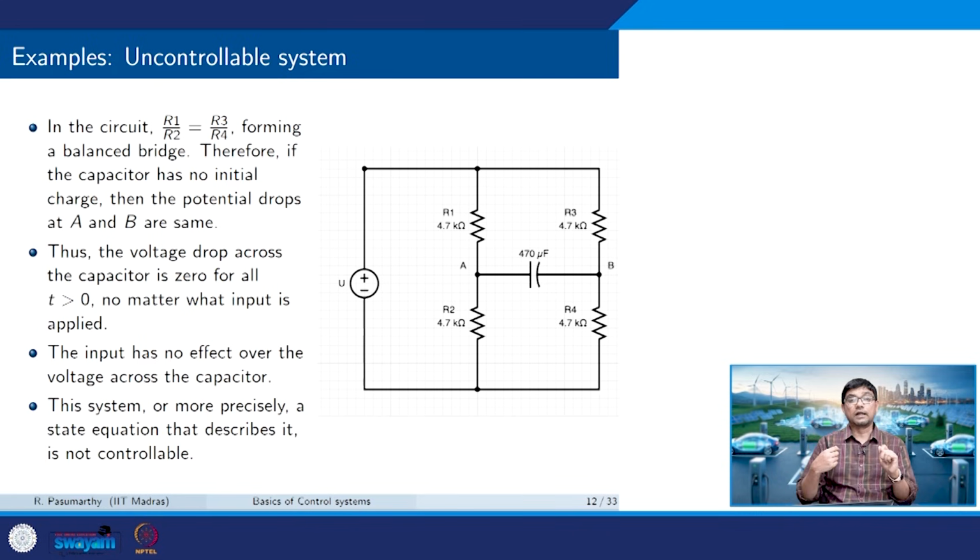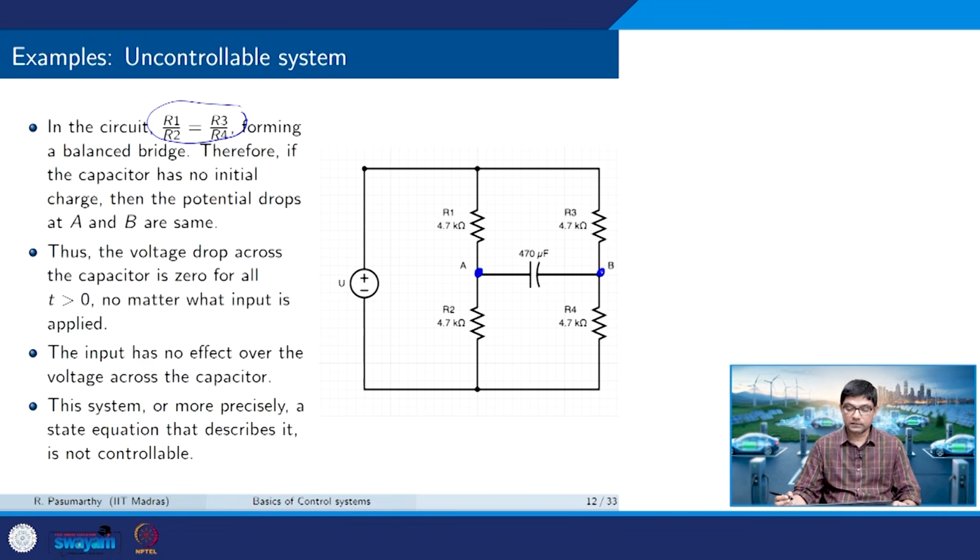Okay, then what does an uncontrollable system look like? If I take this little circuit and assume that this thing holds, it is kind of a balanced bridge. If there is no initial charge in the capacitor, say the initial conditions are 0, then the potential across this and the potential across this are the same.